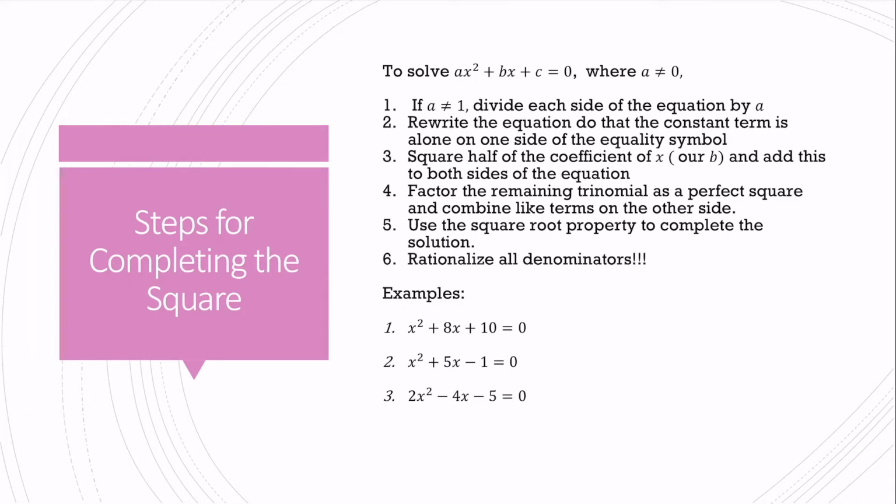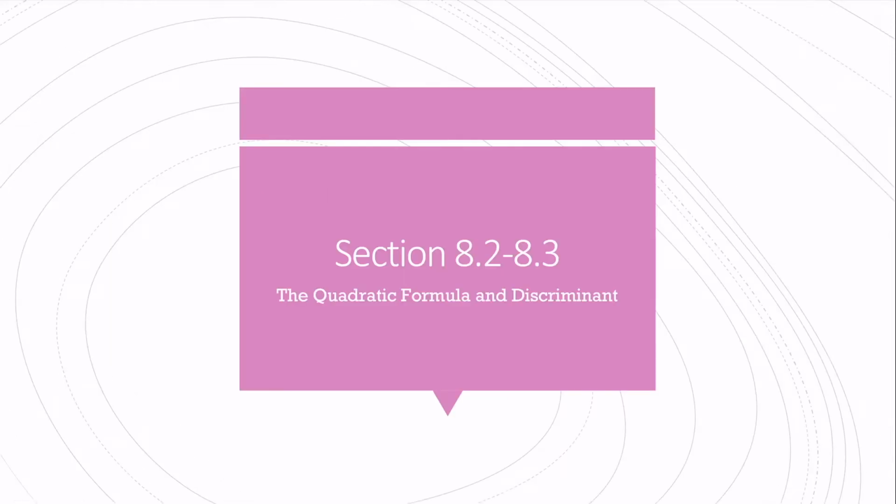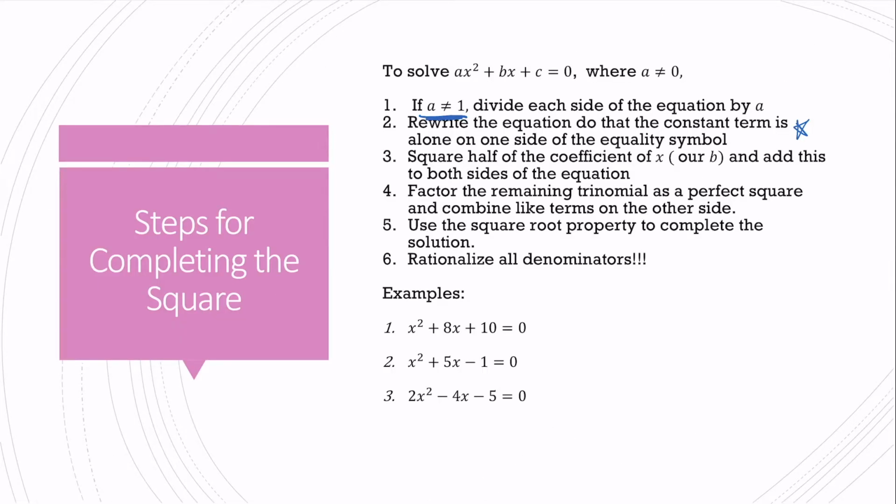So what do we do? First, we have to solve ax squared plus bx plus c equals 0. The first thing I need to do is make sure that my leading coefficient is 1. I then need to rewrite my equation so my constant term is alone on one side of the equality symbol. We add b divided by 2 squared to both sides, because remember, what we do to one side of the equation we have to do to the other, because we're working with an equality.